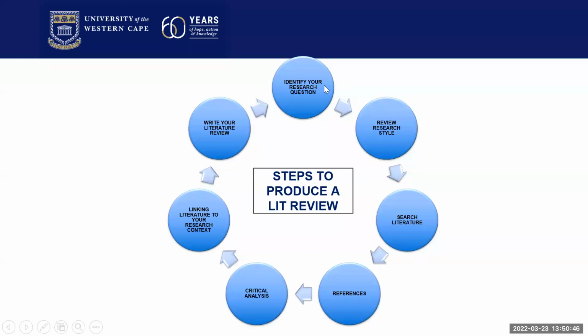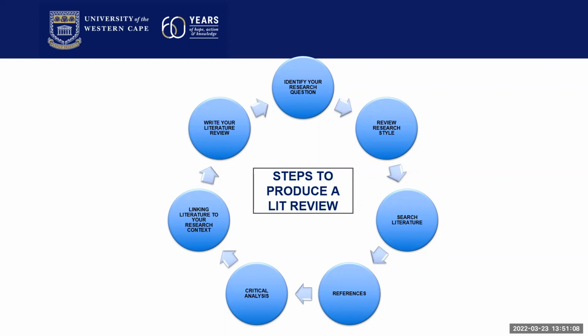I identified my research question. I then looked at my research style. So remember, I decided I'm doing a chronological, a thematic one, a meta-analysis. I then used PubMed, the way I just showed you, to get the literature. So I searched, I found references. I found 10 articles, and then I critically analyzed those 10.